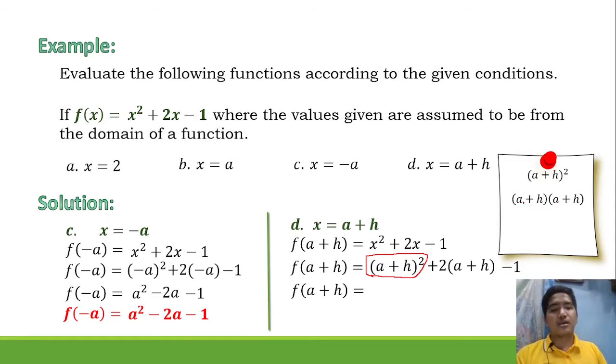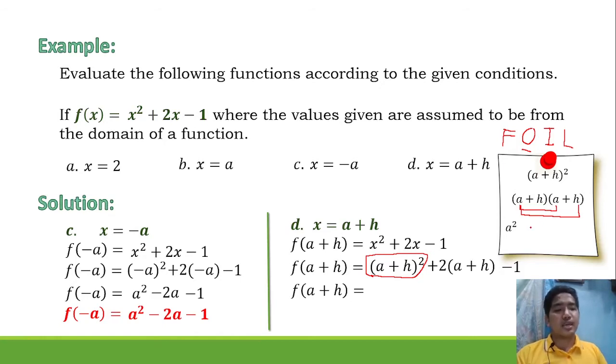Okay, next. So using the FOIL method, ano nga ba yung FOIL method? So we have the first, the outer, the inner, and the last. So we have f, first to first. A times a, that is equal to a squared. Next, outer. Outer, a to the outer of the other term, which is h.